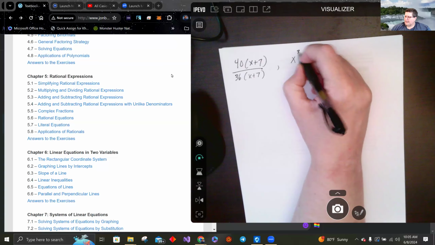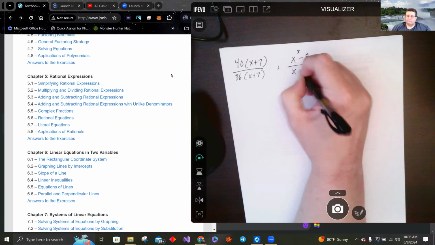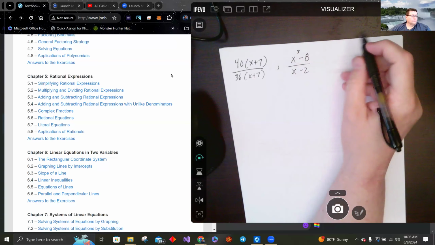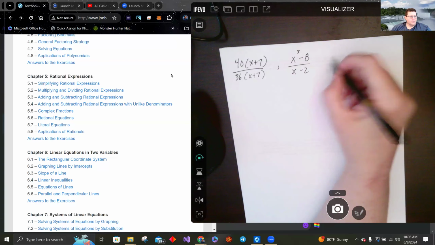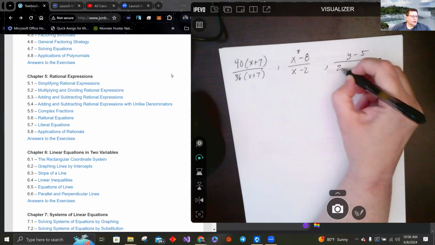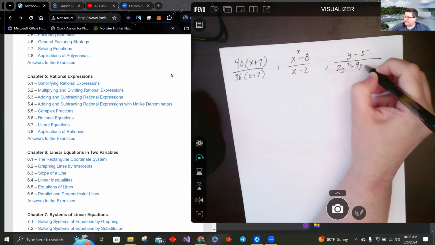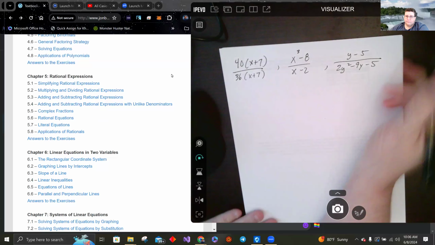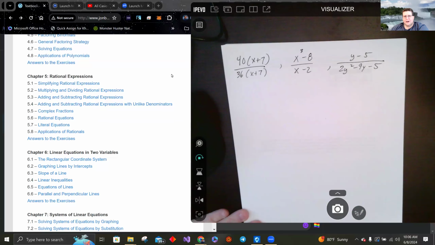X cubed minus 8 over x minus 2. And let's go with something like y minus 5 over 2y squared minus 9y minus 5. Go ahead and try to figure out what values for x or y in the last one violate the domain, and then we'll do it together.